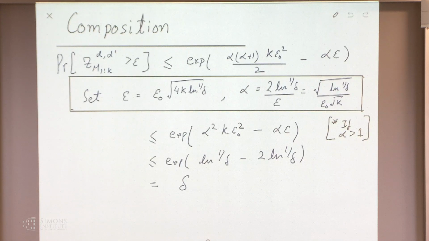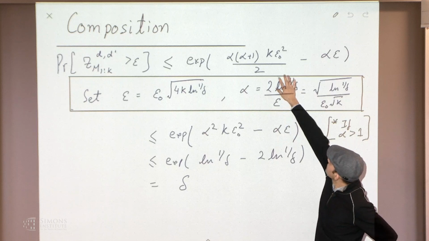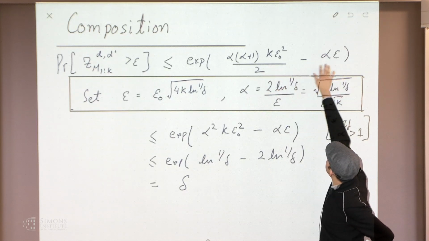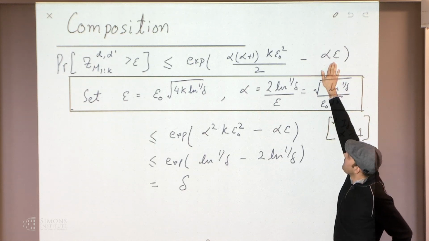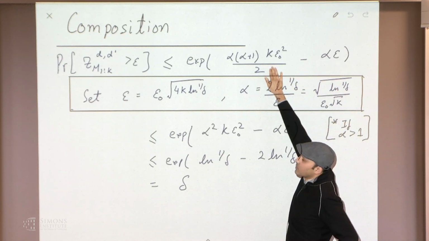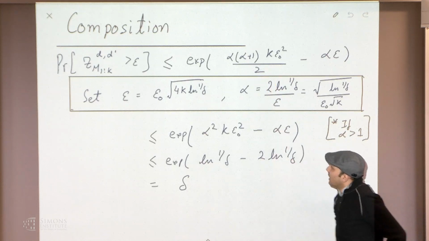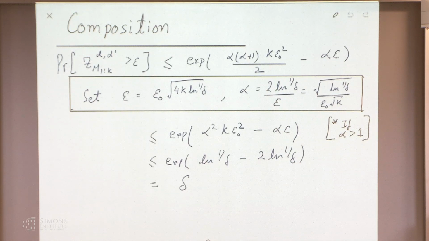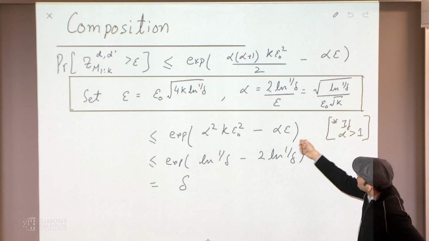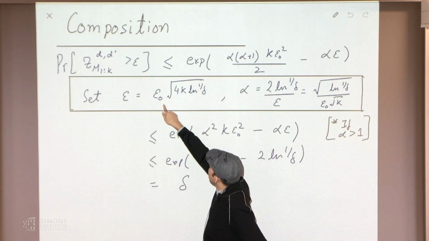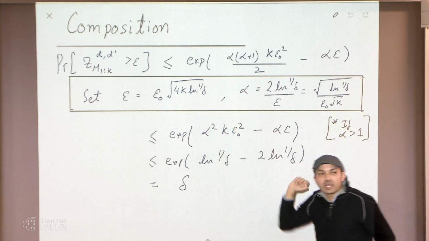And once again I can do the same trick. I have this function which is a difference of two values. Let me set this to be twice log 1 over delta and pick parameters so that this becomes log 1 over delta. You do that, and essentially that ends up setting epsilon to be epsilon naught times square root of 4k ln 1 over delta.